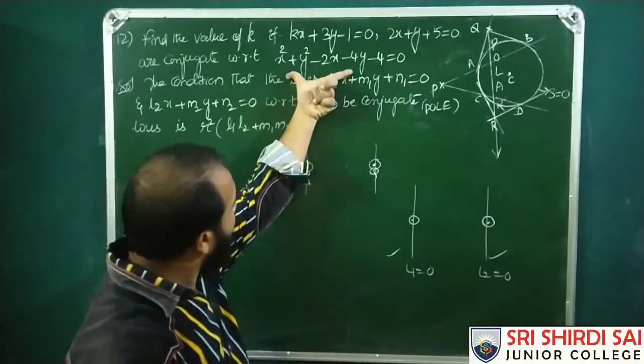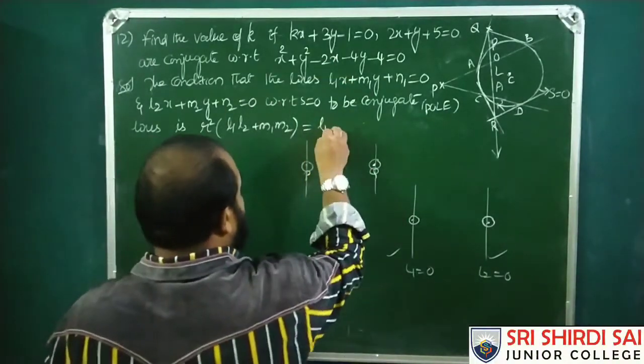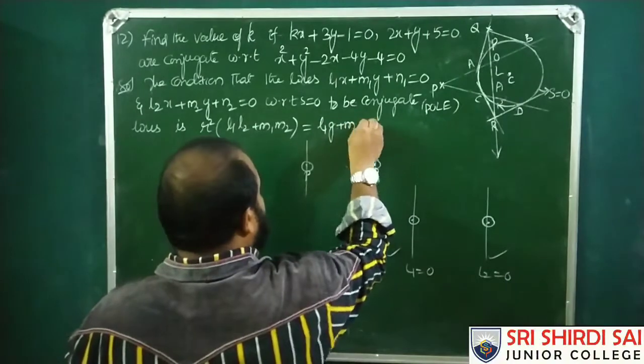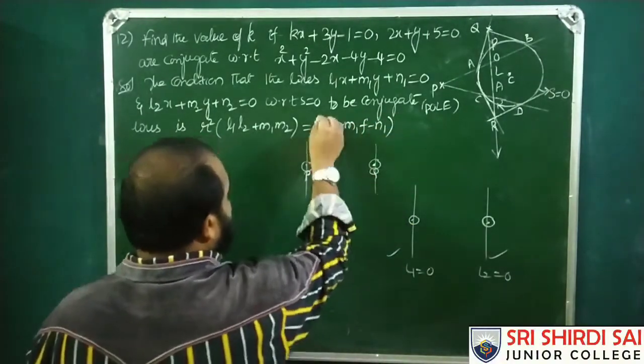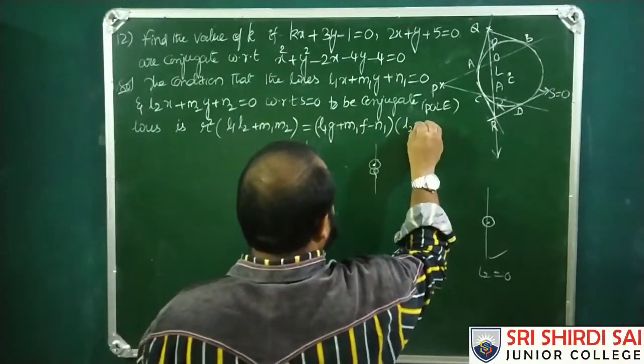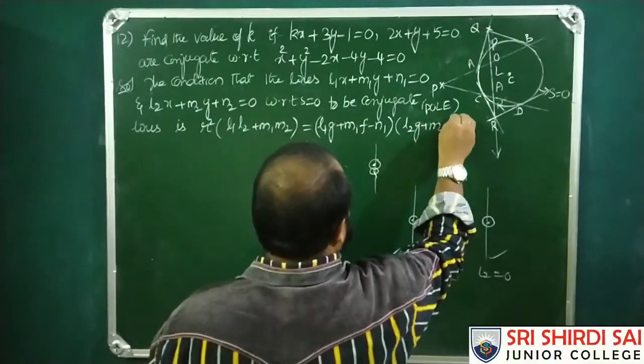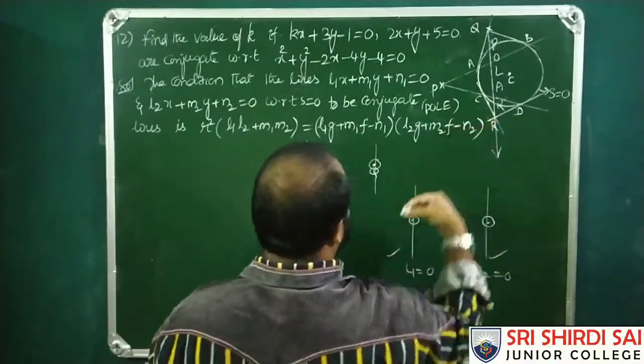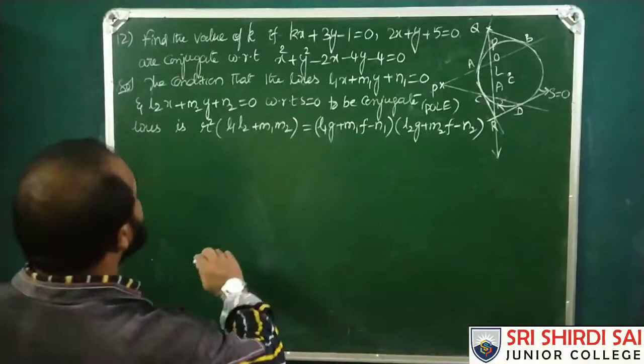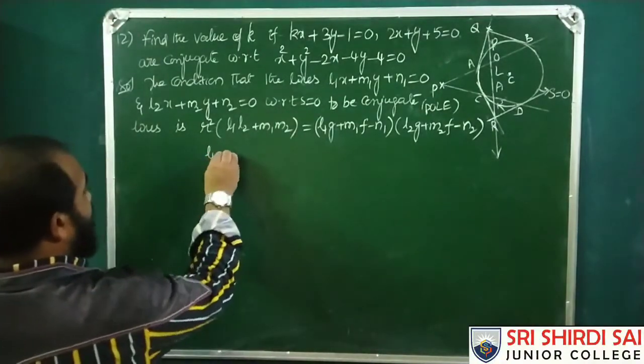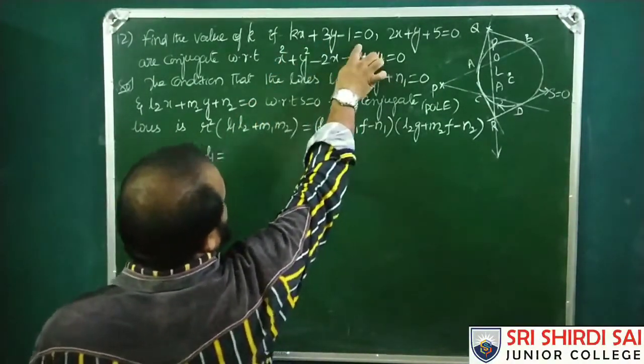But since this is a general equation of a circle, this is (L1G plus M1F minus N1) into (L2G plus M2F minus N2).